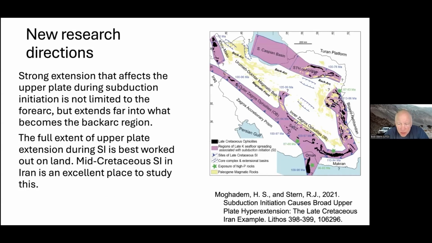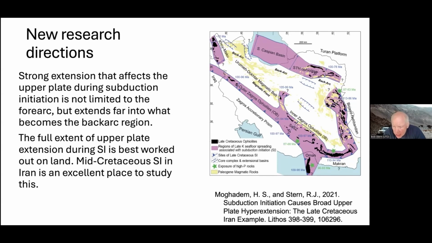Now, new research directions. I want to say something. This is an evolving field. Subduction initiation, the general concept is pretty robust. It's finding increasing applications, but what we saw with the recognition in the Izu-Bonin-Mariana arc is that it was focused in the forearc, and so it's really hard to see what else is going on because there's so much water.